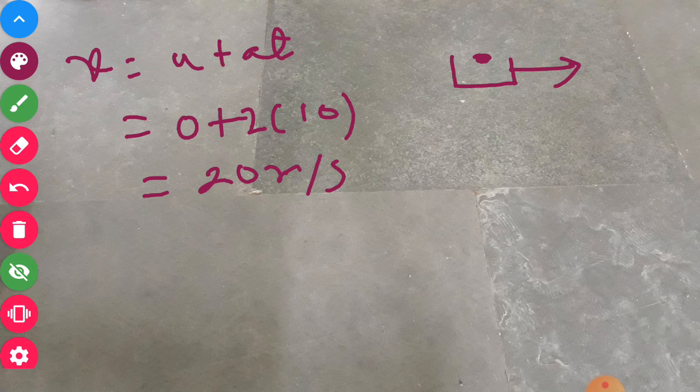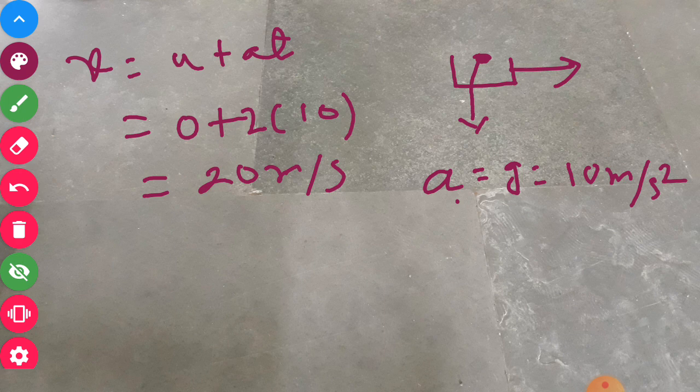For the horizontal motion, the velocity is 20 meter per second. Now consider vertical motion, and this is due to the gravitational force. In this vertical motion there will be an accelerated motion due to gravitational acceleration, which we take as 10 meter per second square.